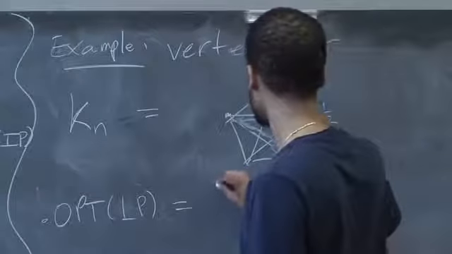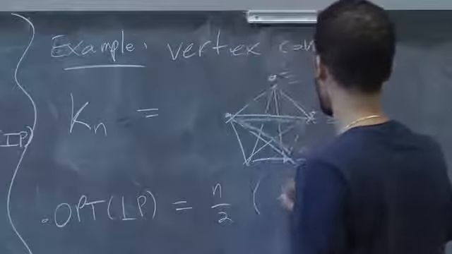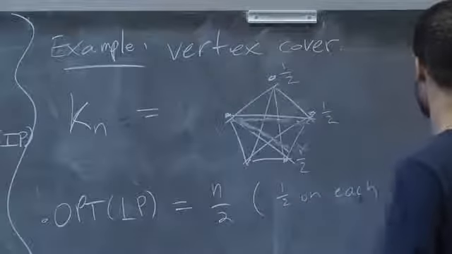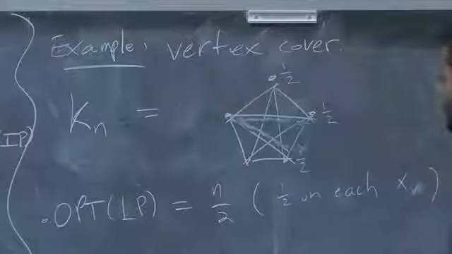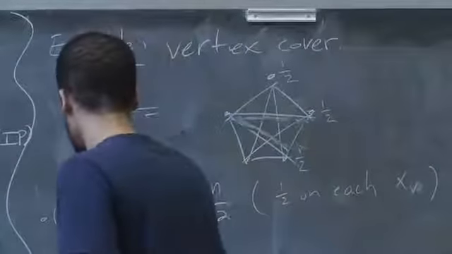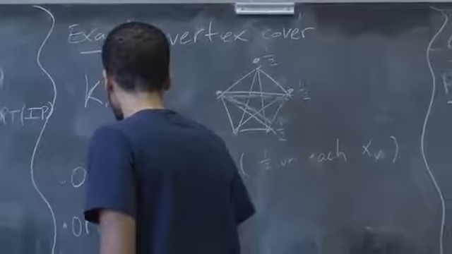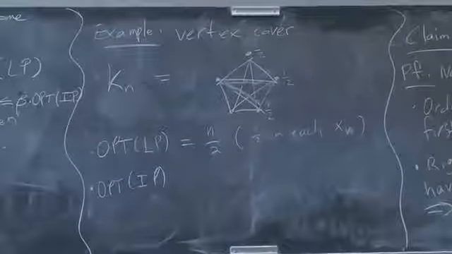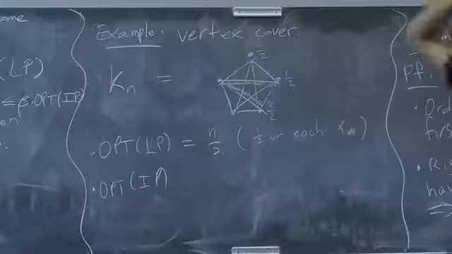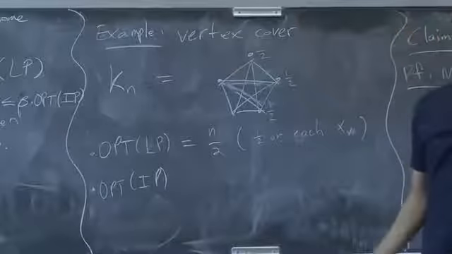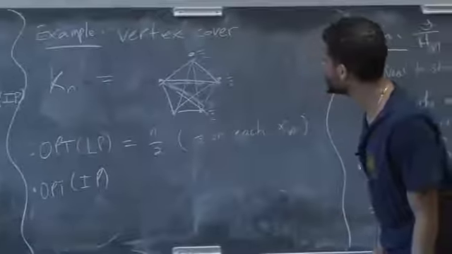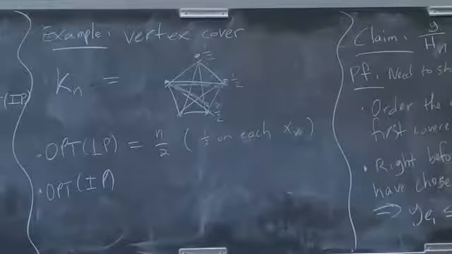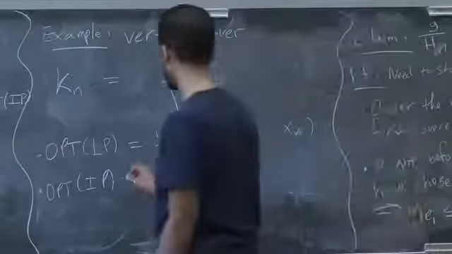That's n over 2, a half on each vertex. Whereas in the integer program, for the actual vertex cover problem, the best you can do is n minus 1. You take all vertices except 1. So n minus 1.